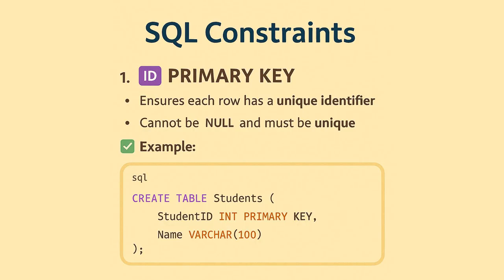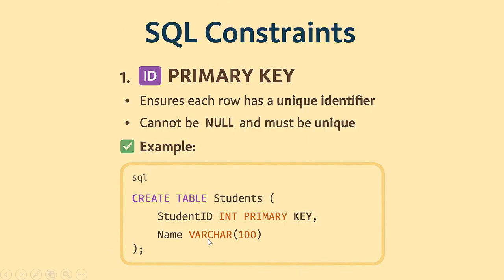For example, when we create a table, let's say we will create the student table. So here we have this students table. We can present one attribute as primary key like this: student ID, it's integer, and this is the primary key.